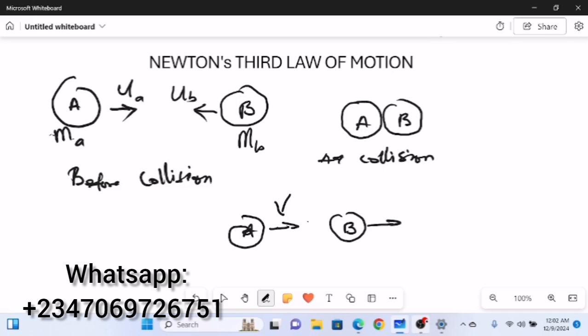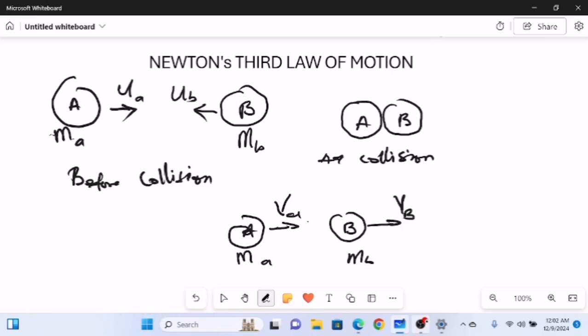This is VA and this is VB, the final speeds of ball A and ball B. Their masses remain the same, MA and MB. Of course, masses remain the same. So this is after collision.